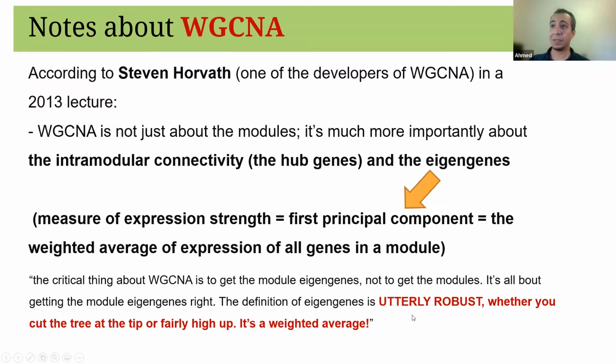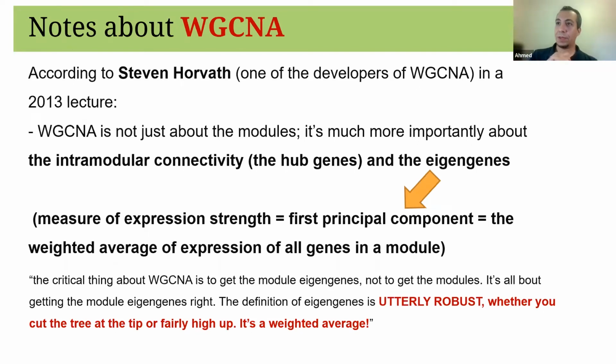And they claim that this is very robust regardless of how aggressive or how lenient you were in identifying modules. What do I mean by that? As we walk through the code, you will find that you have control over how fragmented the clusters are or how coarse the clusters are, how big the modules are or how small the modules are.